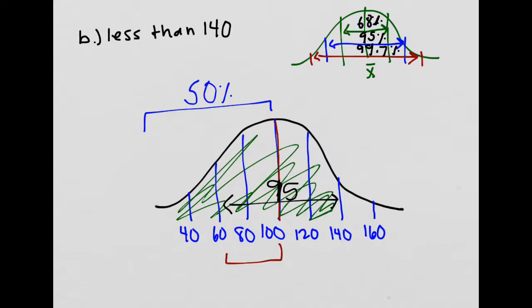So this section is 47.5%. So that means that if this is 47.5% and this is 50%, this section has to be the remaining 2.5%. I think 50 minus 47.5. Yeah, that is 2.5.